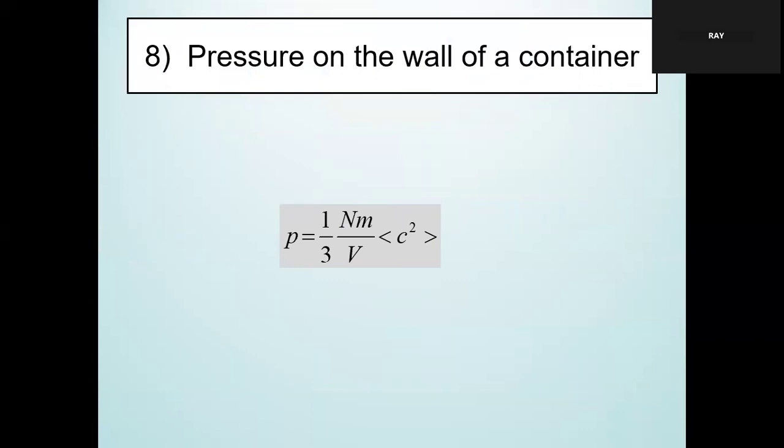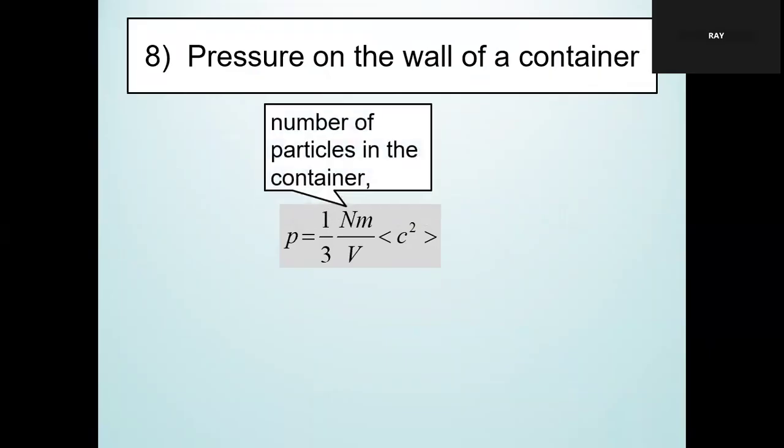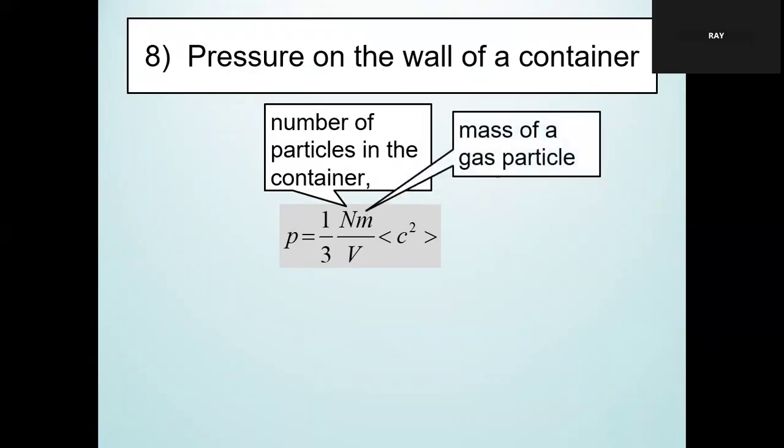So we are going to derive this formula. P is 1/3 N m V over C squared. Number of particles in the container, that's the capital N. m is the mass of a particle. Each molecule has a mass. C is the speed of a particle, any direction.